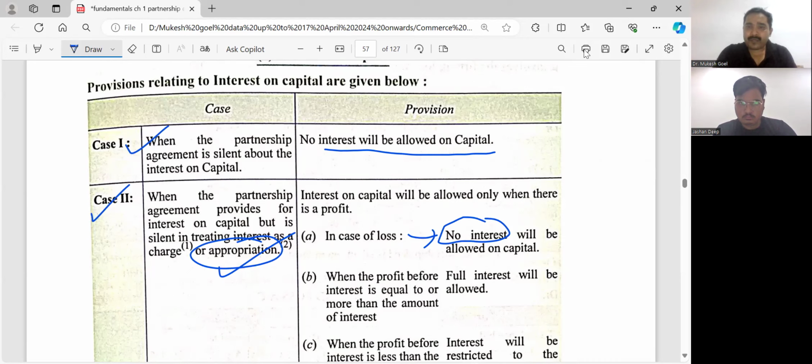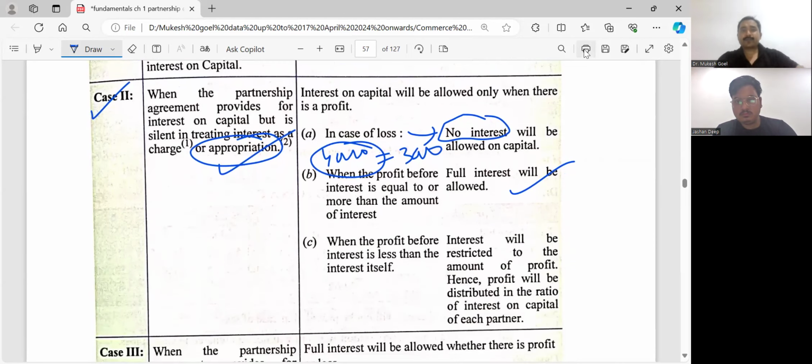In case of profit, if the profit is more than interest, say profit is 40,000 and interest is 30,000, then we will give full interest.